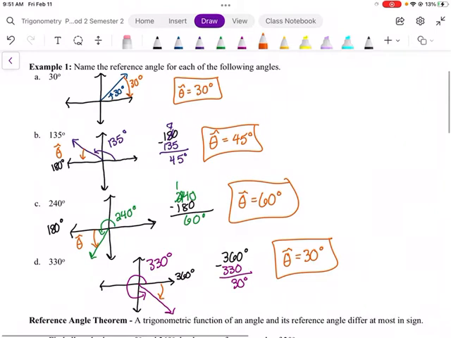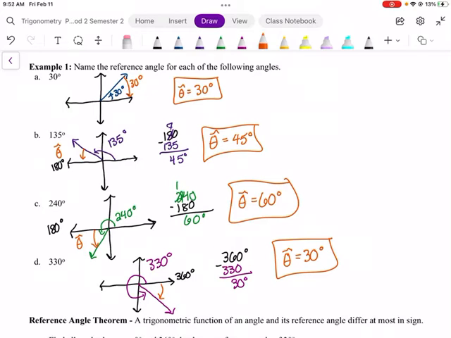Now, the reason these reference angles are important is because you'll notice it gives us our two special right triangles' angle measurements. So it gives us 30, 45, 60, 30 again. Those are all values where we can get exact answers for our trig ratios.